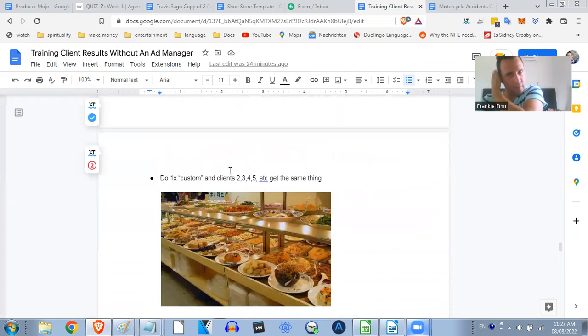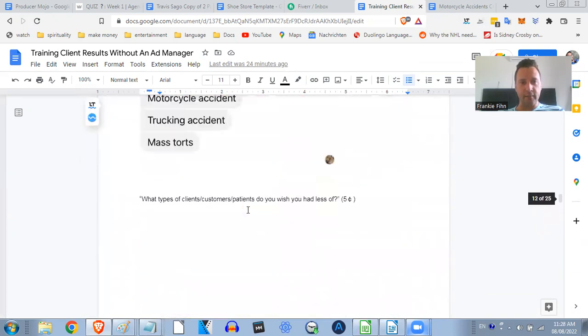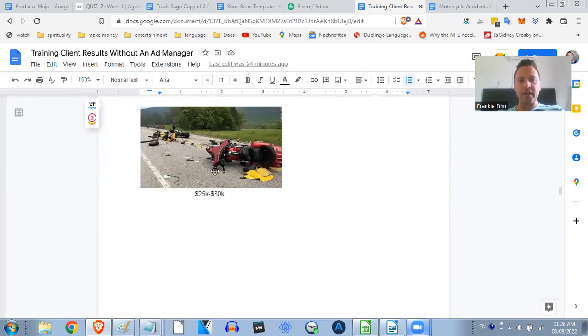The other thing, by the way, of doing this is that the first time we have to create a solution for a client, it's all custom work and it's a lot of work. But when we get client 2 and client 3 and client 4, we're giving them the same system, the same ads, the same landing page, the same motorcycle system, right?